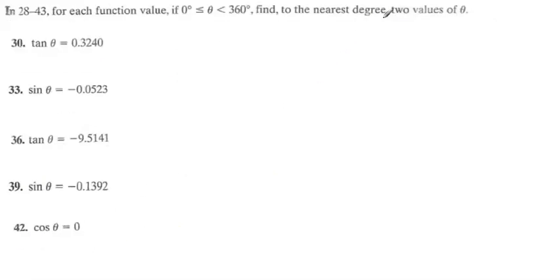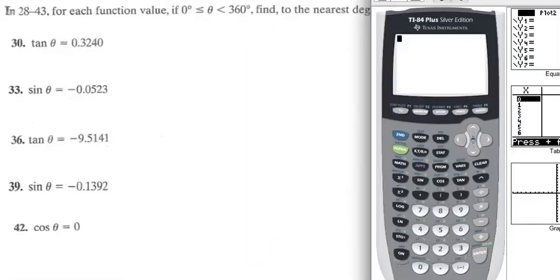Alright, now we want to find the two values of the angle here. Let's try to look at number 30. In order for us to do that, we'll look into the graphing calculator here. So to find the angle, we have to go for second tangent, arctangent, right? And then put in the value, 0.3240. Since these are in degrees, I'll make sure that I have things in degrees.